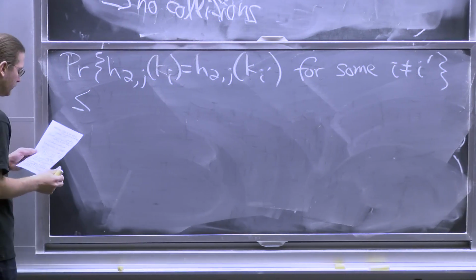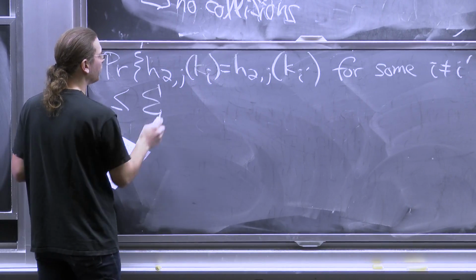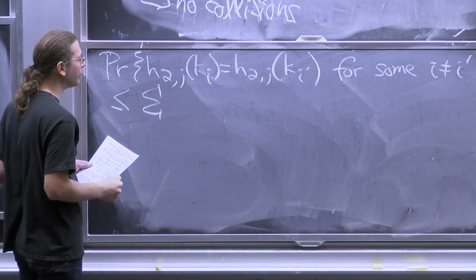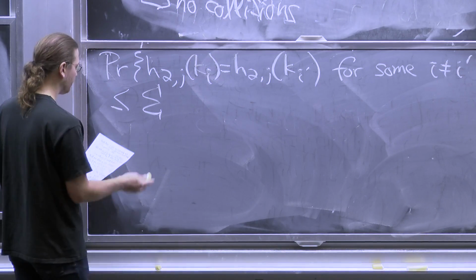As mentioned earlier, this is going to be a union bound. We want to know the probability of collision at that second level. Well, that's at most the sum of all possible collisions, probabilities of collisions.